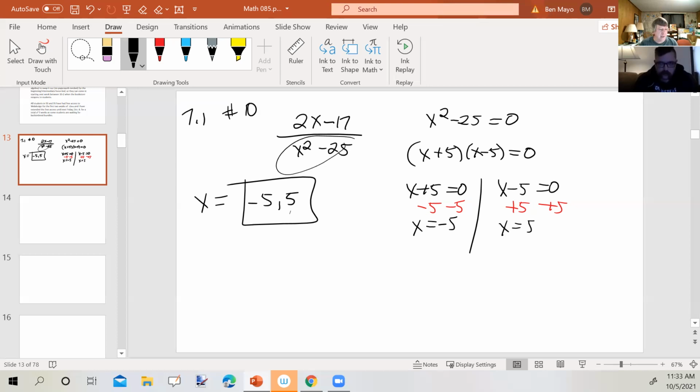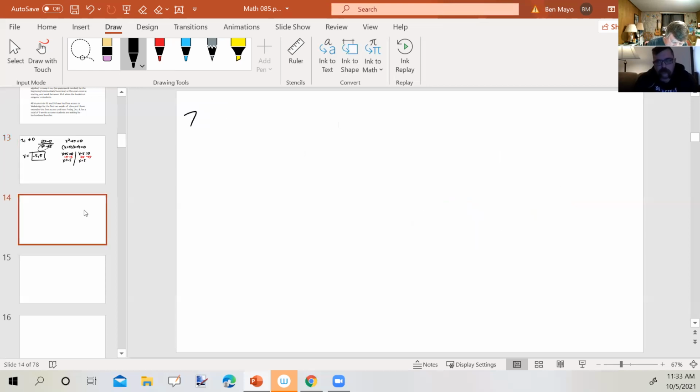All right, we're going to take a look at number 15 from 7.1 as well. This says, simplify, assume that the denominator is not 0. And we have the following. 8 times the quantity t minus 1 plus 8, all divided by 8t plus 8.